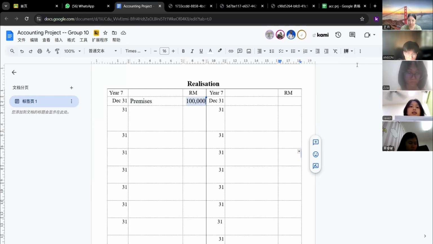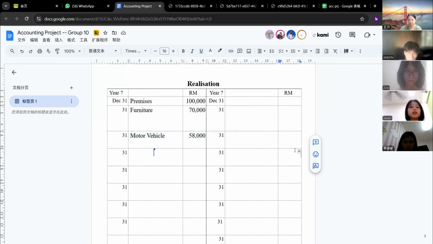The second asset is furniture, and the amount is 70,000. The third asset is motor vehicle, and the amount is 58,000.